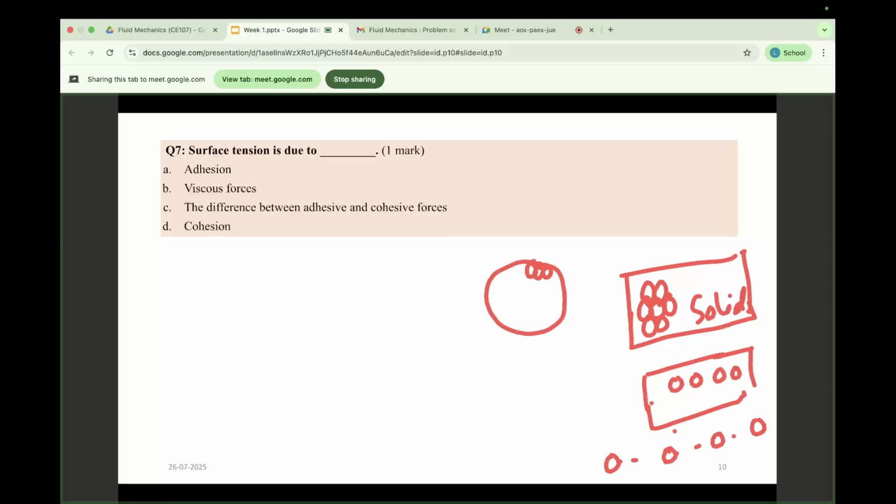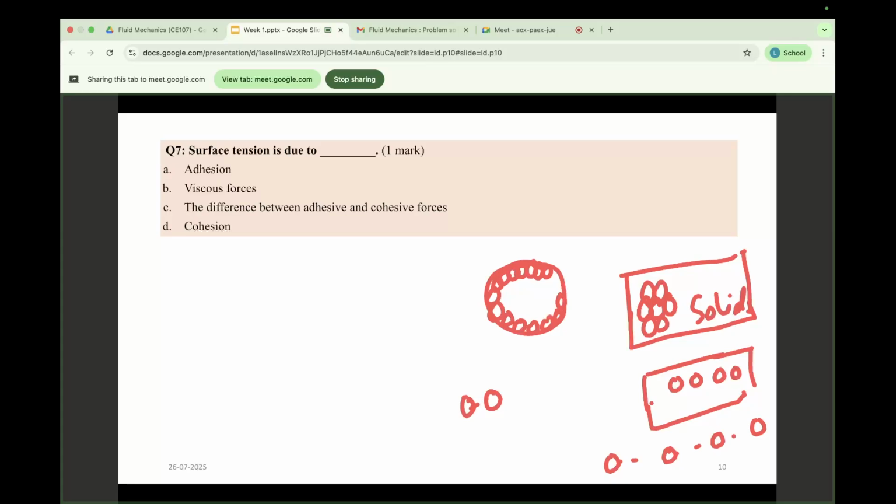So in the case of this liquid, say this is the sphere. At the curvature, that means at the periphery, there are a lot of liquid molecules, right? Say these are two corresponding molecules.